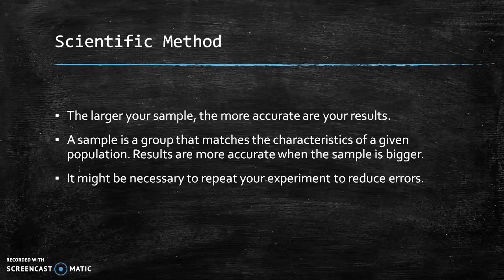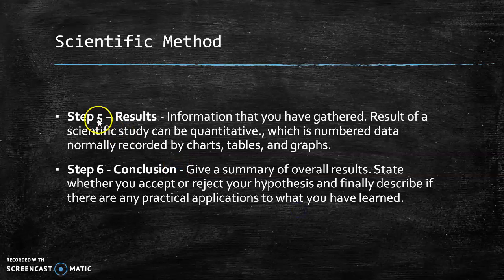Now, those 10 people are a sample, and the rest of the people in the world is the population for that given characteristic, right? So when I choose a larger number of people for that sample, the chances are I will have more accurate results. And it might be necessary for me to repeat my experiment time and time again to reduce errors and to make sure that my hypothesis is accurate.